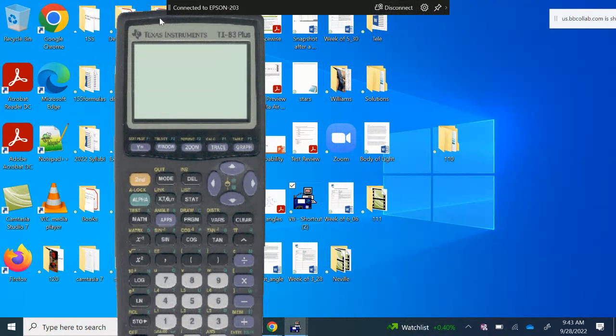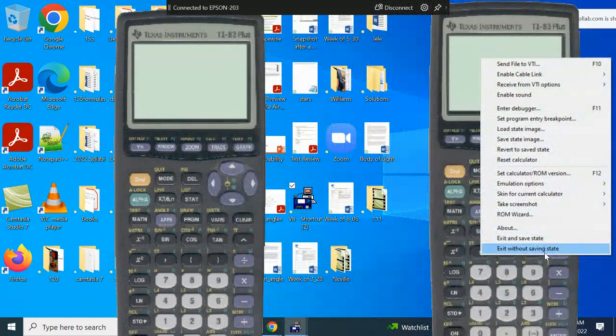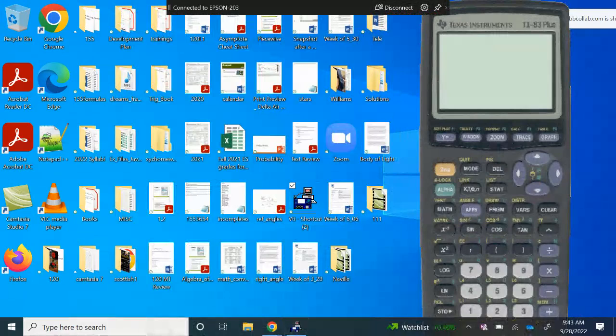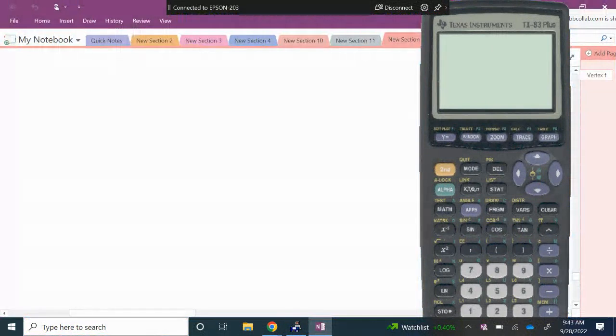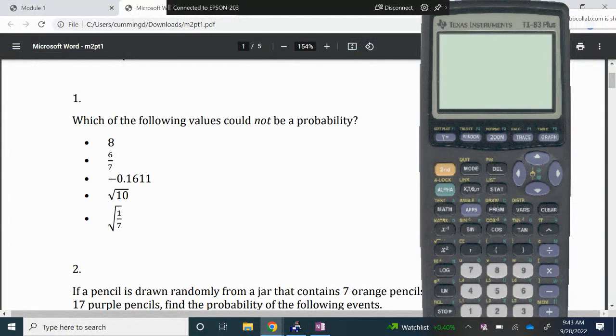So let me just close that down. All right, so look at the first one, 8. Could 8 not be a probability? Right, that would be considered an answer choice, because 8 exceeds 1. That means that it could not be a probability.